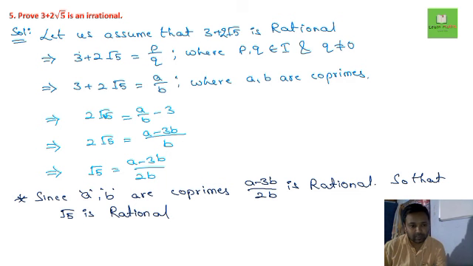But this contradicts the fact that root 5, how is it written? It is written in the form of root n, where n is not a perfect square. So this contradicts that fact.